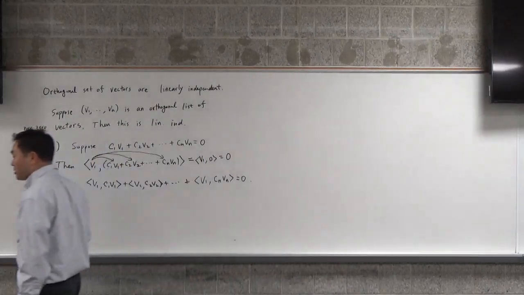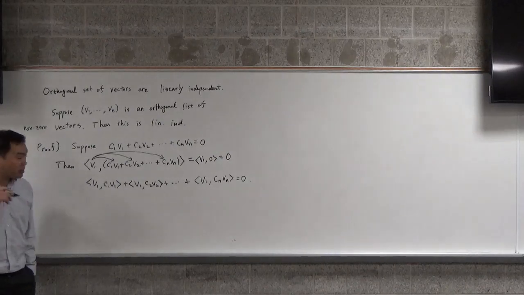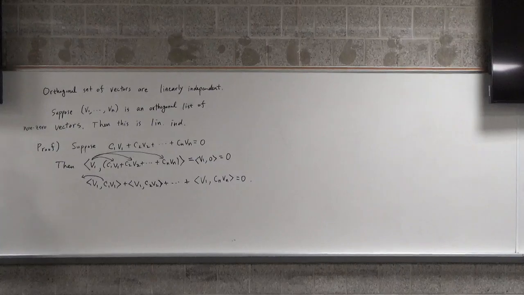And then if it's a real inner product, and C1 through Cn are real values, then they just come out, right? If it's a Hermitian inner product, what happens?